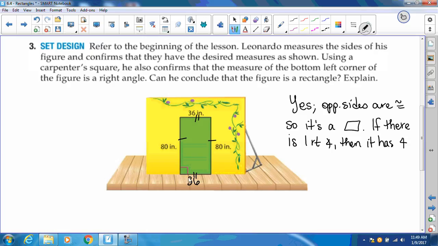Remember that property from parallelograms last time. So if it has four right angles, that's one of those properties that specifies the difference between a parallelogram and a rectangle. And so since we know that it has four right angles, we can say, therefore, it is a rectangle. And you can just say by definition.